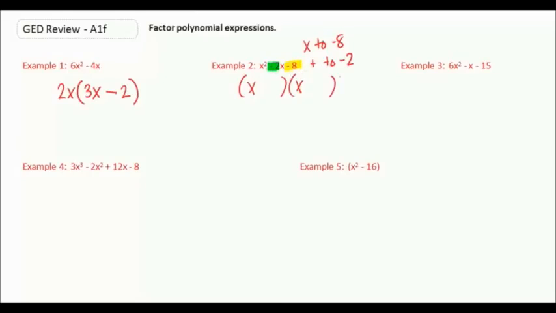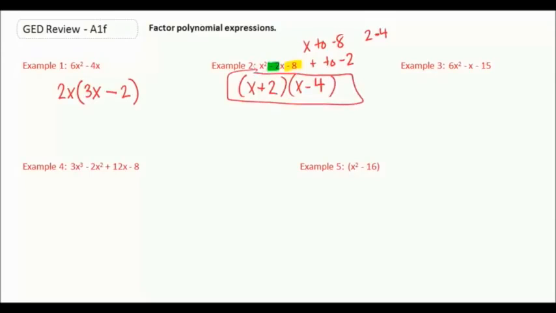And let's say if we make that 4 negative, 2 times -4 would be -8, and 2 plus -4 would give us -2. So we're going to take these numbers and fill them in over here. So we're going to have an x plus 2, because that's a positive 2, and then an x minus 4. And that is our factored answer.